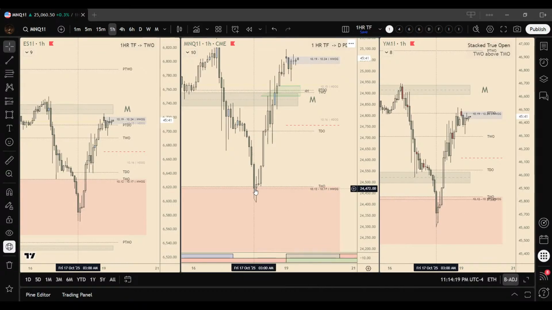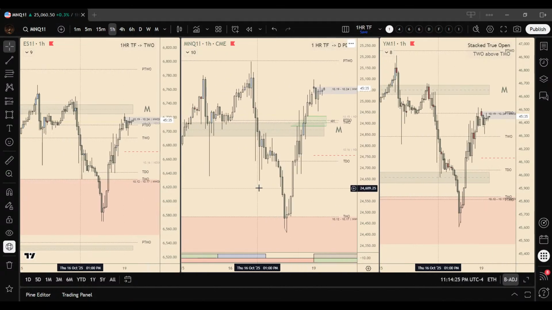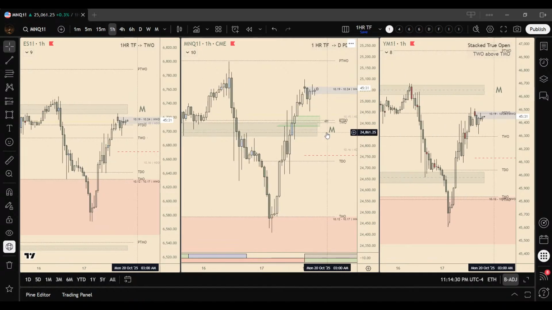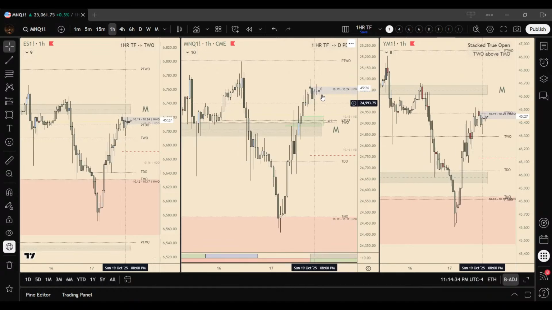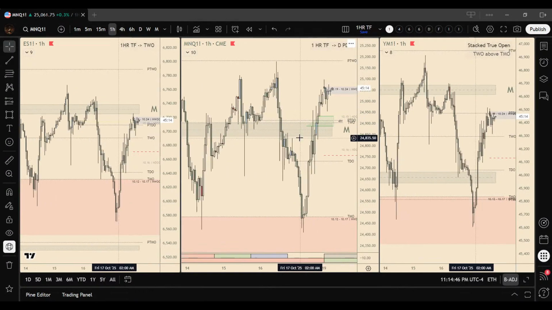The opening was right next to the closure, creating a swing point and then reversing from there. There are no precision candles or precision swing points being printed, so I don't know about any of this. There's SMT fill, I guess, here, but I'm not sure any of this is tradable.